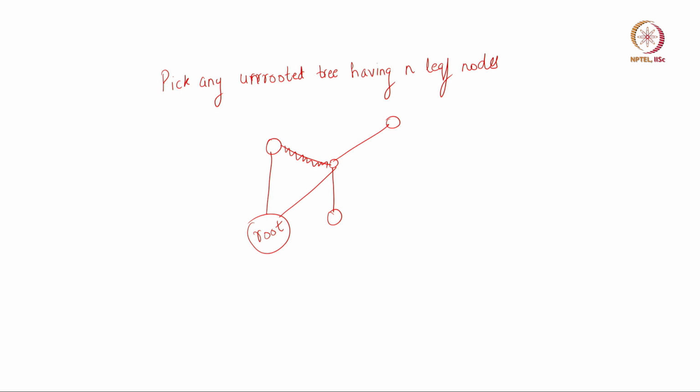As a result, the total number of rooted trees now becomes (2n minus 5) double factorial, which was the total number of unrooted trees, times the total number of edges, which we know is 2n minus 3 in an unrooted tree. So if you multiply this, now this is (2n minus 3) double factorial.